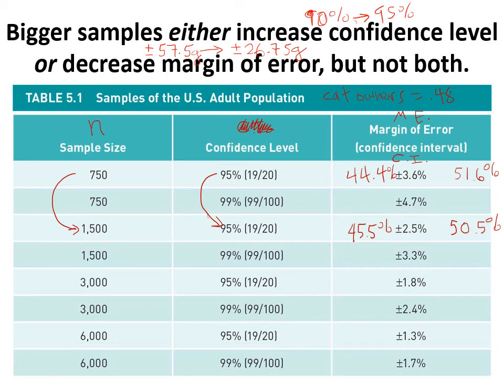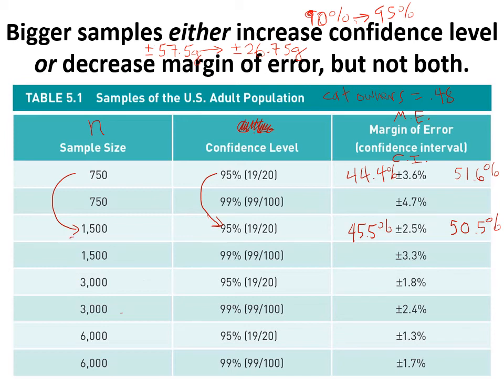If we go down here to 3,000, so 750 times 4 gives us 3,000. This is quadrupling the sample size. Oh wait, actually, let's go to this one here. So we want to make sure that we're still using the same confidence levels.